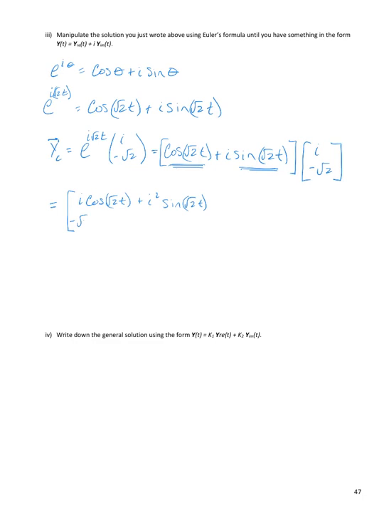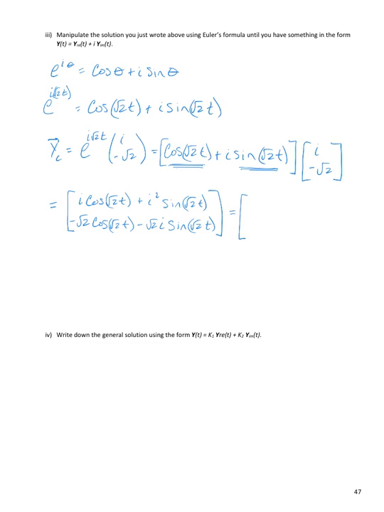So I'm going to have negative root 2 cosine root 2t minus root 2i sine root 2t. i squared is the same thing as negative 1, so let's change that.